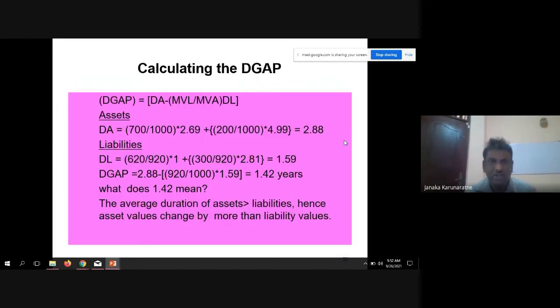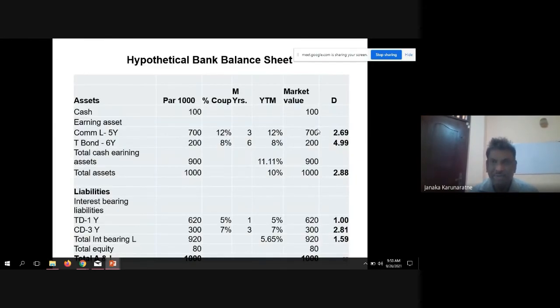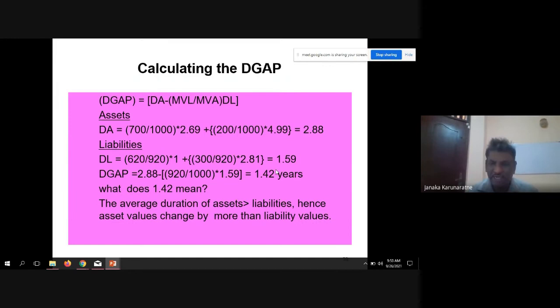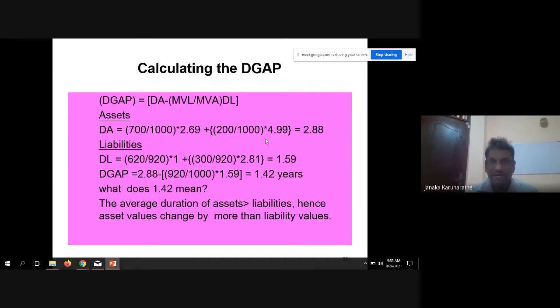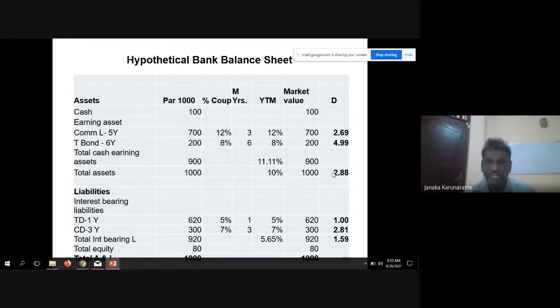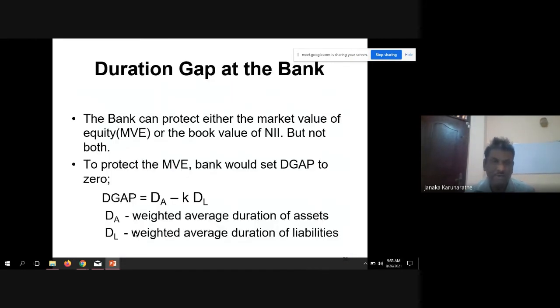You will see 700 divided by 1000, weight of this particular asset, into 2.69 individual duration. Then this asset 200 divided by 1000 into 4.99, you get 2.88. So this is the weighted average duration of assets, 2.88. This is the one we need for this formula. We need DA.